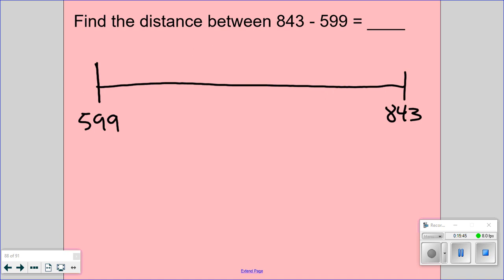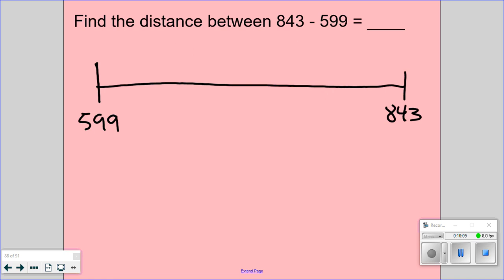I want to be as efficient as possible. What kind of jump can I make? Mackenzie? A 100? Sure. Mackenzie, there's one slightly better jump instead of a 100. Look at my starting number.